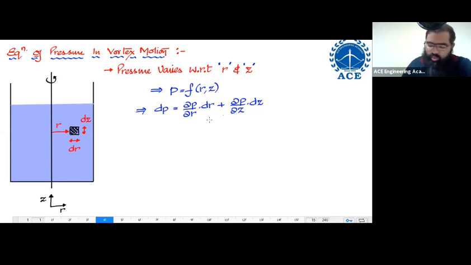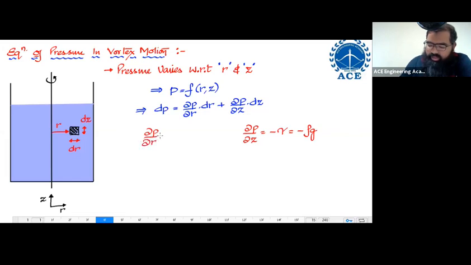Now talking about dou P by dou Z, we already know its value. If you recall from fluid statics, in the hydrostatic law, dou P by dou Z is equal to minus gamma, or minus rho G. Now dou P by dou R is something new for you.